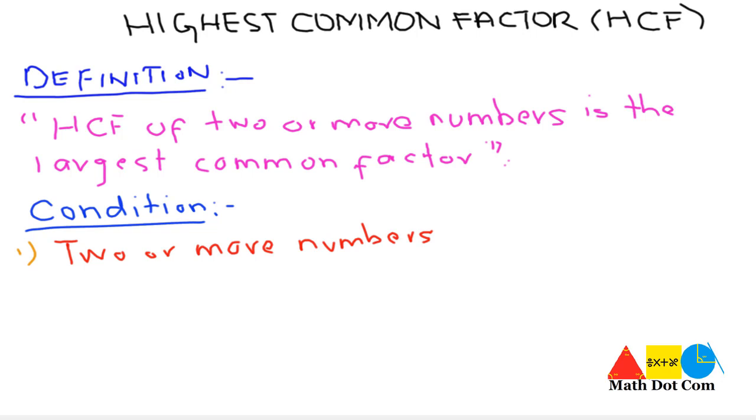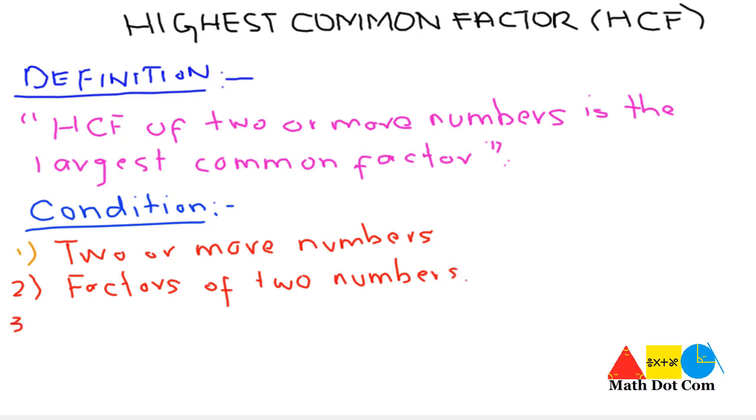We cannot find the HCF of a single number, as it is obvious. The second condition is we should have the factors of the two numbers of which we are going to find the HCF.